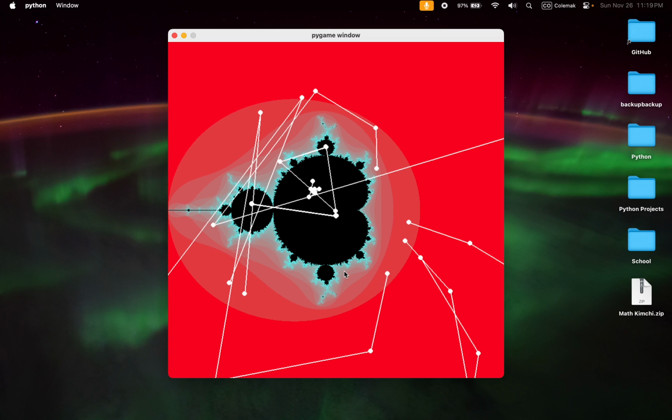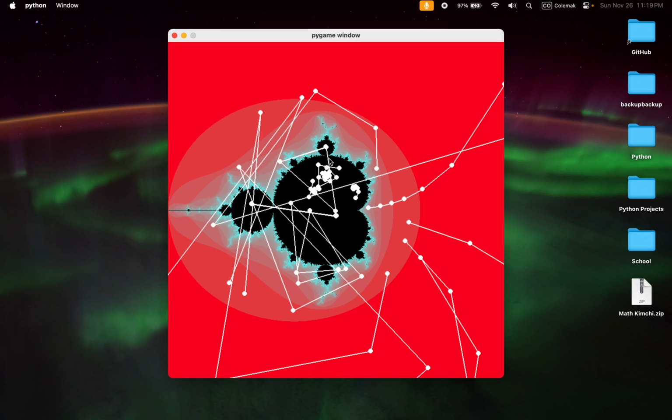The bluer you get, the more iterations it takes, until eventually you get to one of these black points, and this point is what we call in the Mandelbrot set. The Mandelbrot set is just the set of all the points in the complex plane that do not go off to infinity when we run them through z_{n+1} = z_n squared + c.